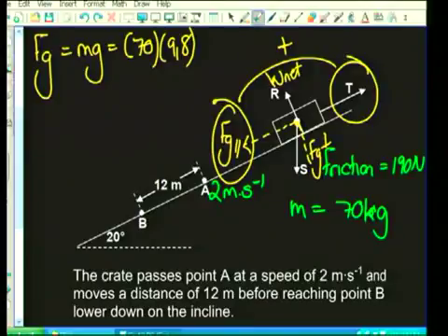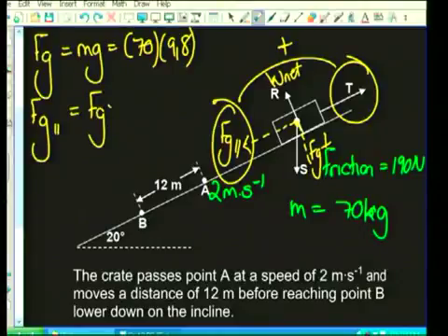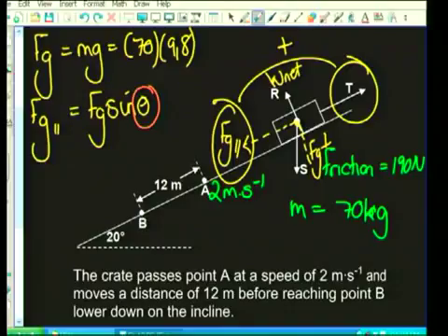So now we've got to remember that FG parallel is equal to weight times sine theta. This theta, because we love the fact they use theta for everything, is the angle of the slope. The angle of the slope.